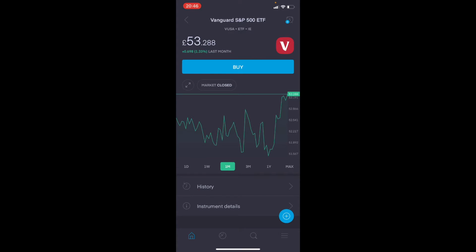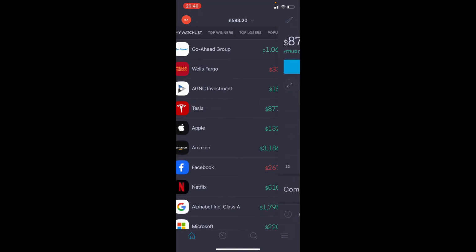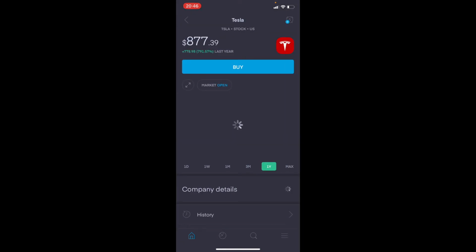You can see the 1 year profit is up 13%, which is a pretty healthy return. But if you then go to something like Tesla, you'll see their 1 year profit is up 791%.